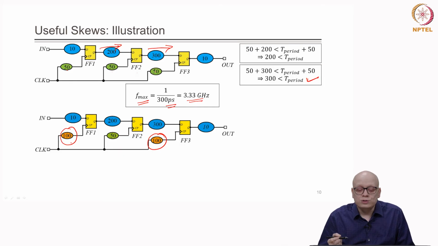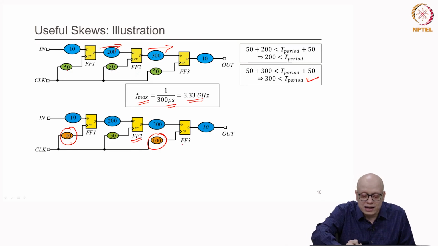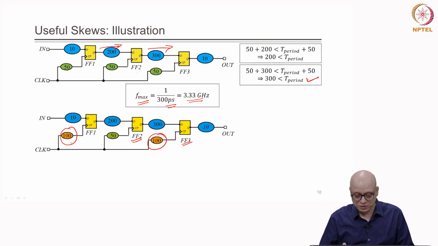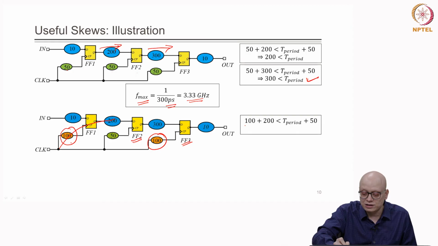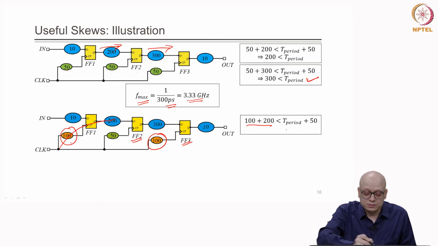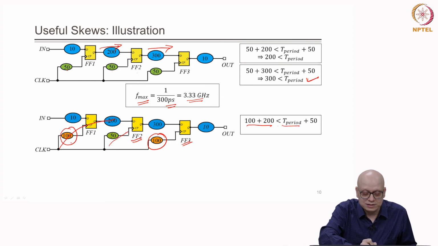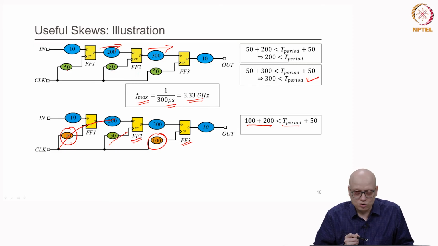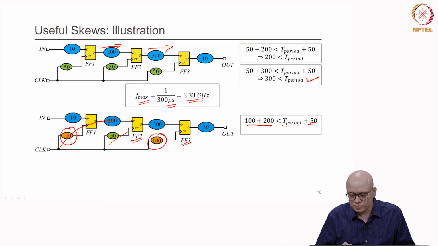Now, let us compute the timing requirements, first for FF2 acting as the capture and then FF3 acting as the capture. When FF2 is acting as the capture, the launch path is this, so the arrival time is 100 plus 200, and it should be less than T period plus this delay on the capture clock path, which is 50 here.